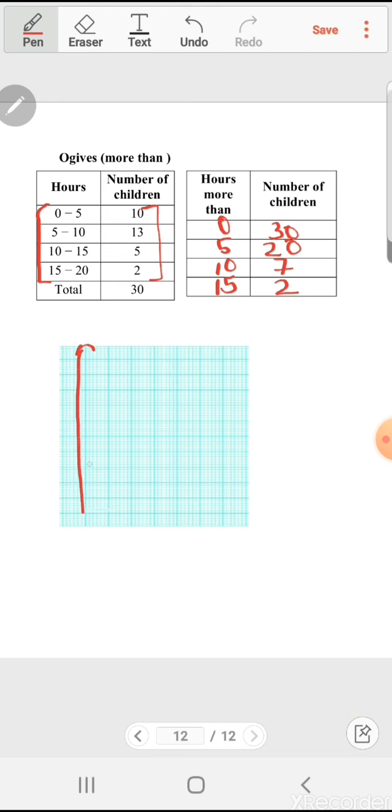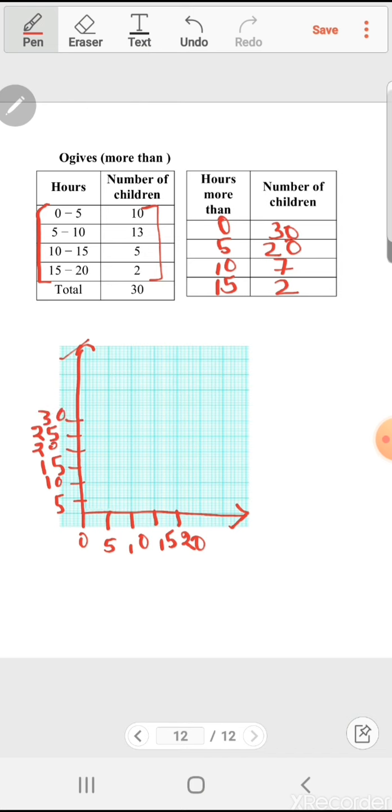Again, dividing my graph paper in x and y axis and making class intervals on x axis. Let's first make class intervals 0, 5, 10, 15, 20. Now, again dividing y-axis with a gap of 5, 10, 15, 20, 25, 30.